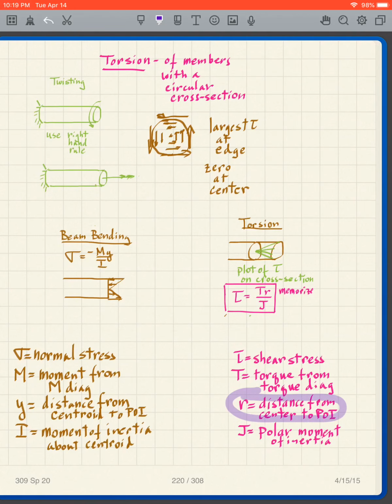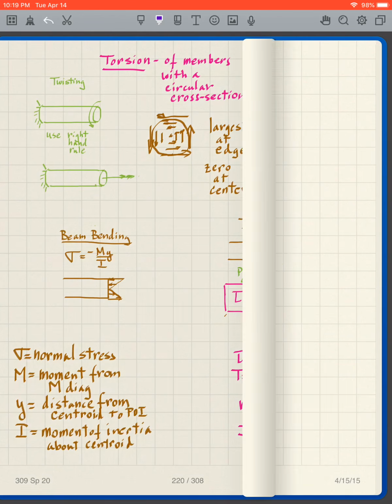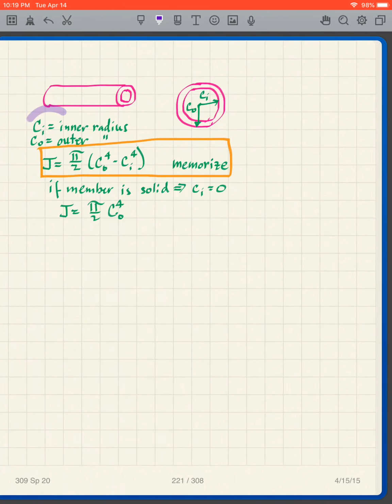So don't get confused about those. R, again, is similar to Y, which is the distance from the centroid to the point of interest. Like I say, I didn't make up this notation, but C is used for radius, and R is used for the distance from the center to the point of interest.